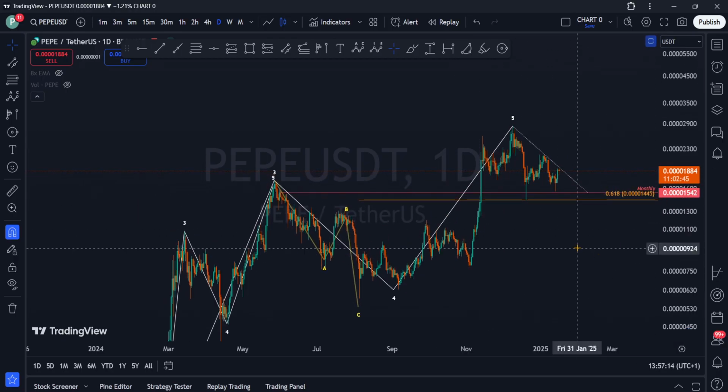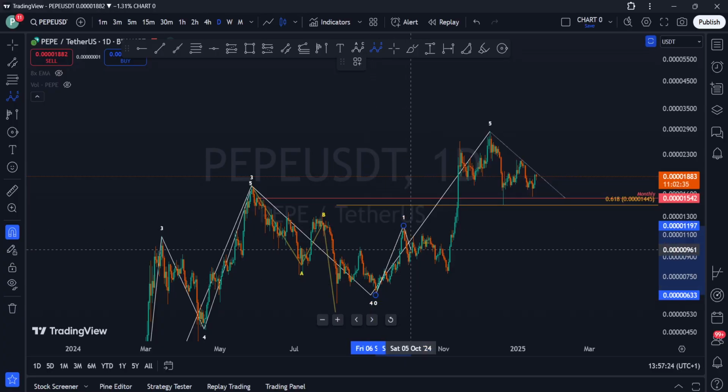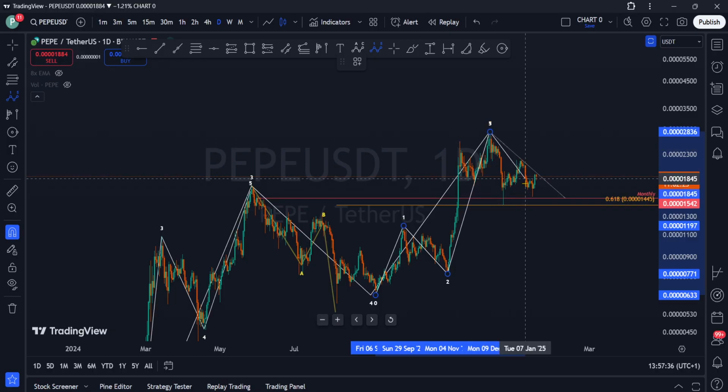So if I'm also going to tag the wave count within this wave 5, I can identify wave 1, the first wave, the corrective one, wave 2, then this larger wave is going to be my wave 3, and then that would mean that the price of PEPE is currently in an Elliott corrective wave.